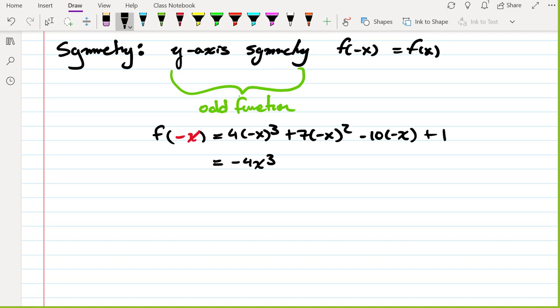Negative times a negative, and negative x squared is positive, so we get positive 7x squared. Negative 10x times negative x is positive 10x plus 1. And then this does not equal f of x because it's got some missing or different sign terms than the original function. So this one is not even.